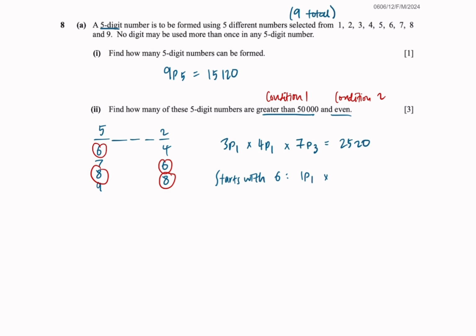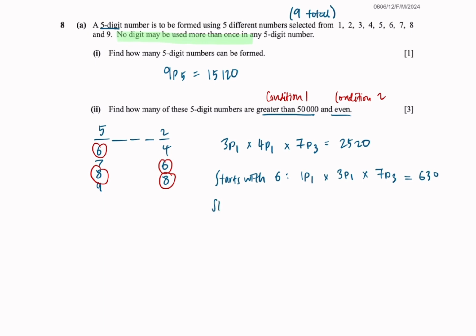It won't be 6 because the number should not repeat as stated in the question. No digits may be used more than once. So for the last place, it will be 3P1. And then for the remaining 3 places, we already used up 2 numbers, so it will be the same, 7P3. And it will give you 630.